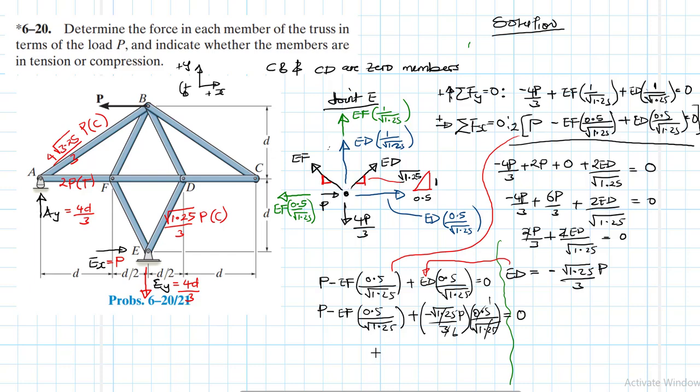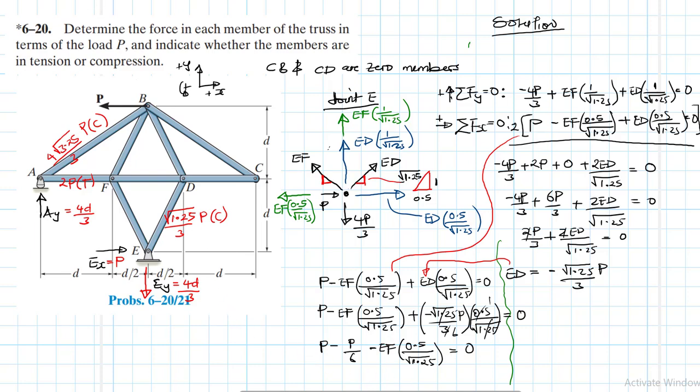Okay, so what we have finally is P minus P over 6. Okay, then minus EF 0.5 divided by root of 1.25 equal to 0.